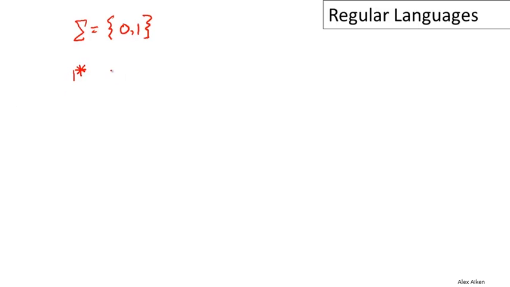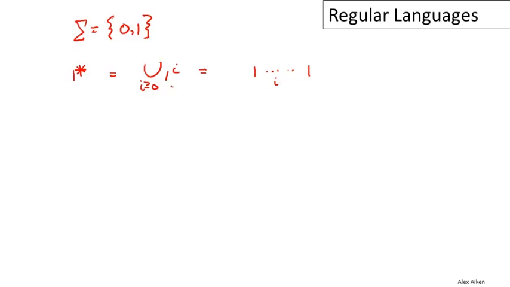So, well, we know the definition of star. If we remember, that was the union over i greater than or equal to 0 of 1 to the i. And what is that equal to? Well, that's just 1 repeated i times. That's what the concatenation of 1 to the i means: 1 concatenated with itself i times.